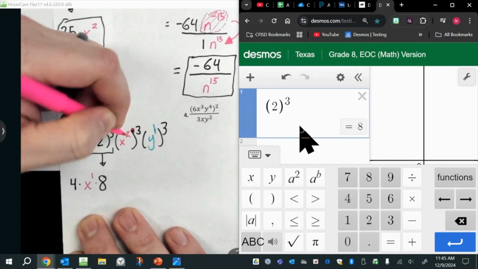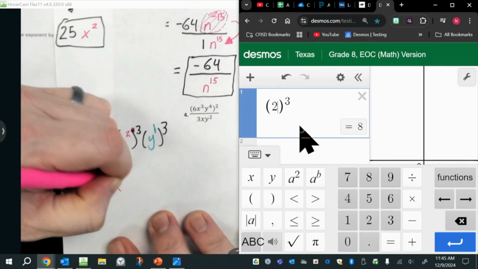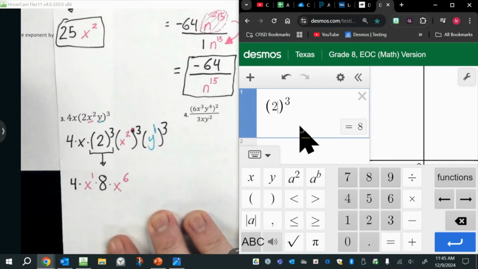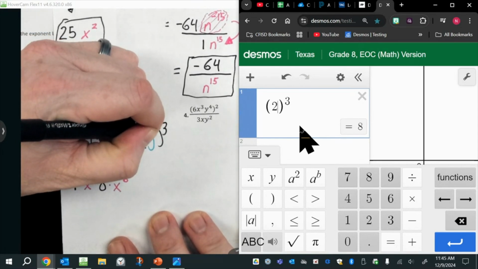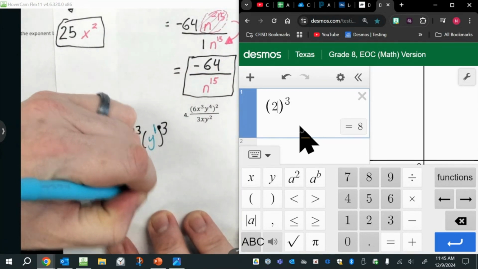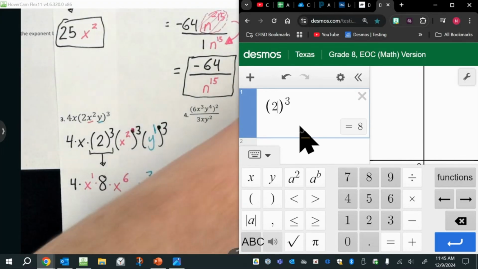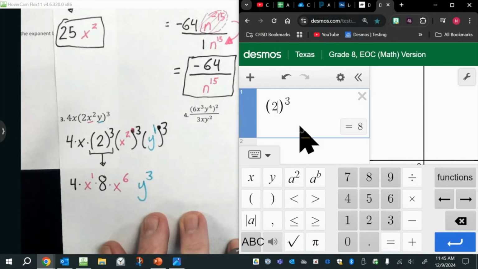I'm going to multiply 2 and 3, so that gives me x to the 6th power. And then I'm also going to multiply my 1 and my 3, and that's going to give me y to the 3rd power.